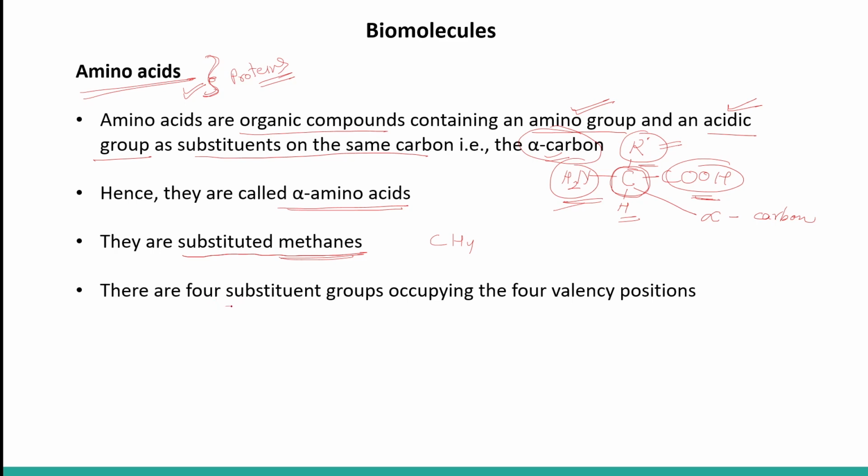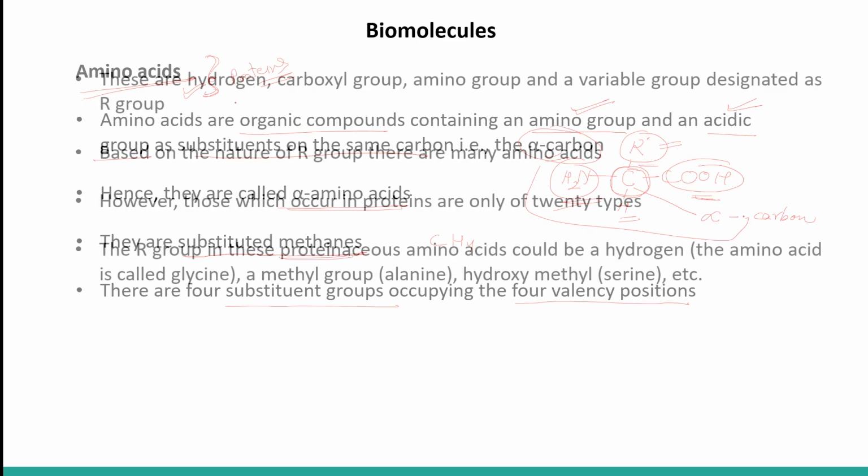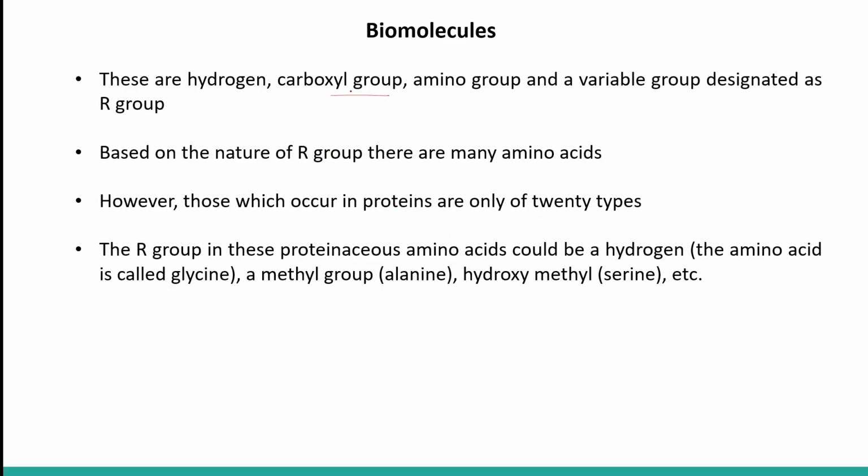So there are four substituent groups occupying the four valency positions. This is the structure of an amino acid: hydrogen, carboxyl group, amino group, and a variable group designated as the R group. So there are four different groups attached to the alpha carbon.